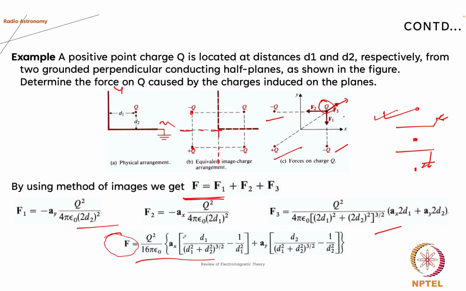If the distance is, say, the same d, then this will be q by 2 and this will also be minus q by 2. So this is how you calculate force using the method of images for simplistic boundary conditions, instead of solving the cumbersome integral equations.